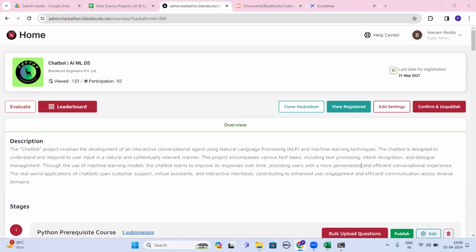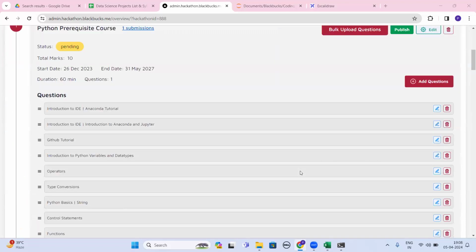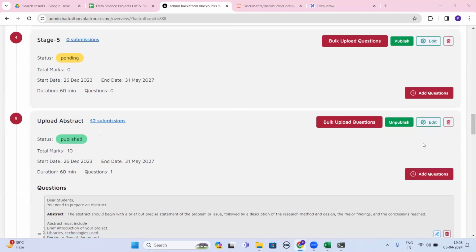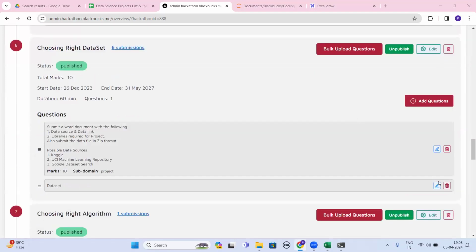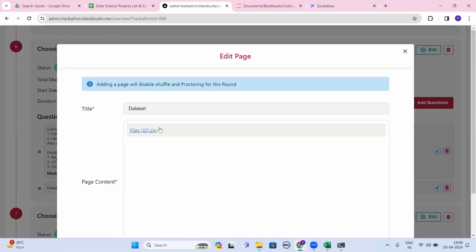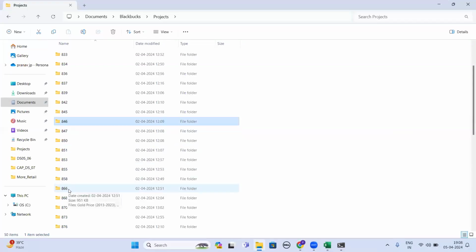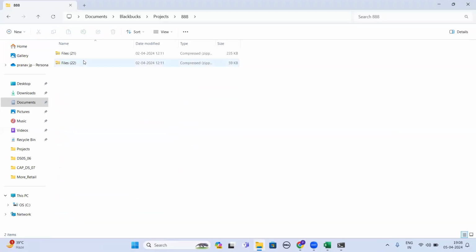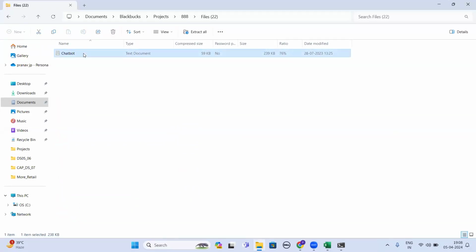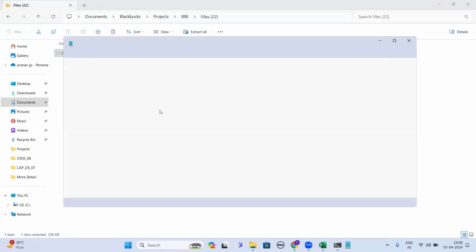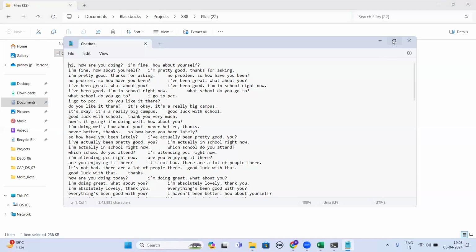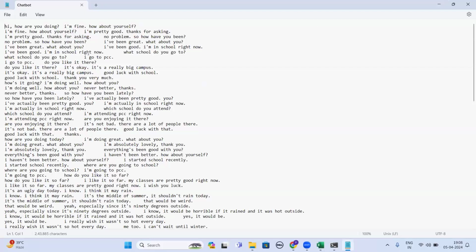So now after this is done, let me show you where the data is, choosing the right data set. And I think the data is in a zip file. Okay, so I will have it 888. So it is a text document, and with this text document, you can train that whenever a question is asked, what are the typical answers that you are expected to give.